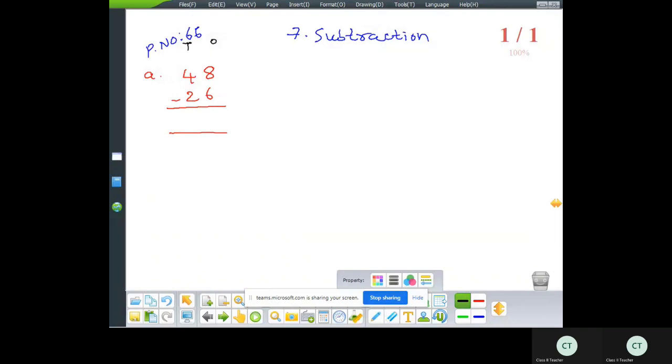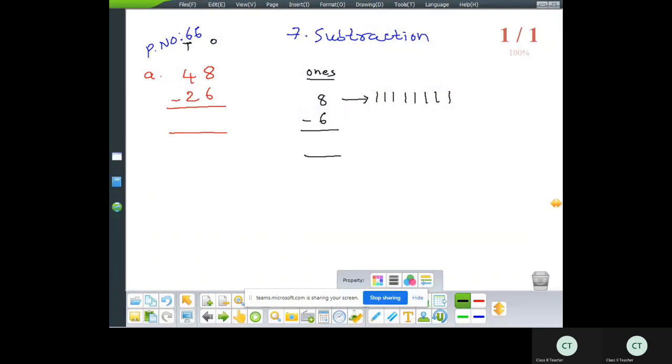Now subtraction on 1. 8 minus 6. 6 is smaller than 8. Then we subtract 6 from 8. 8 means draw 8 lines: 1, 2, 3, 4, 5, 6, 7, 8.